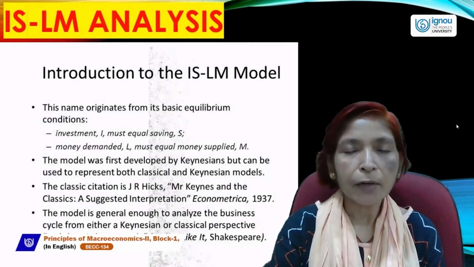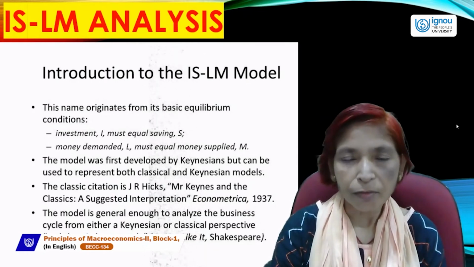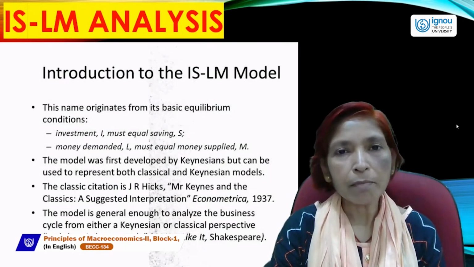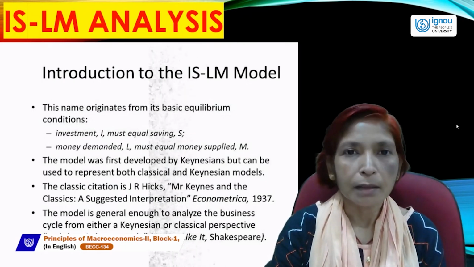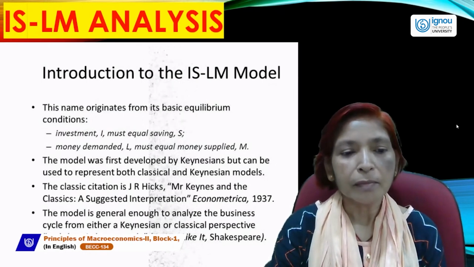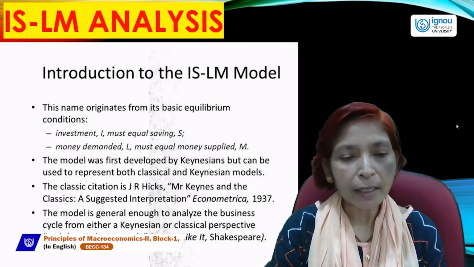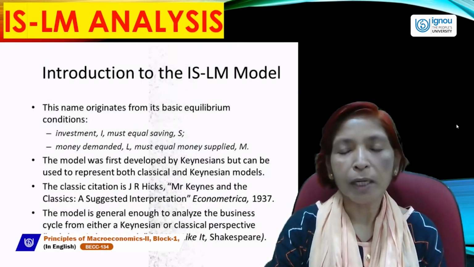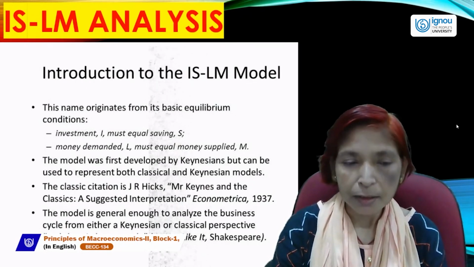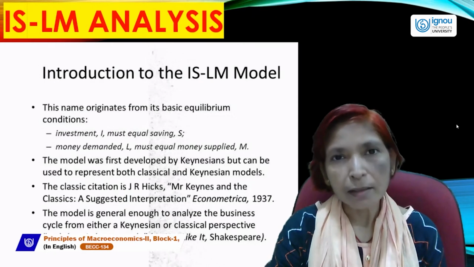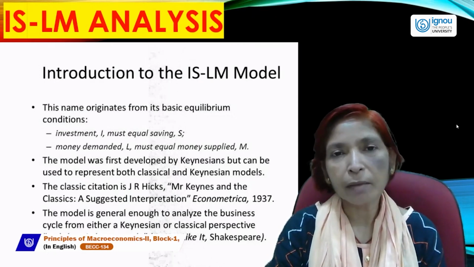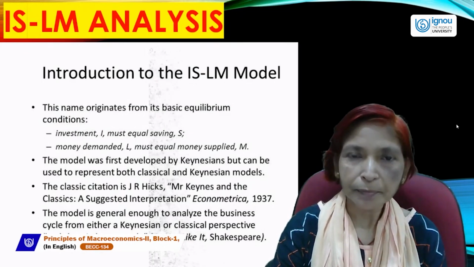L means liquidity preference, which represents money demand, and M means money supply, or quantity of money. LM means when money demand equals money supplied, equilibrium will be achieved. And according to IS, where investment equals saving, equilibrium will be achieved.